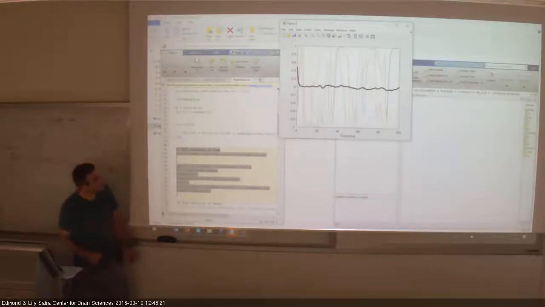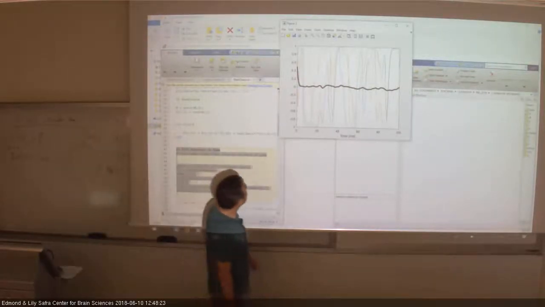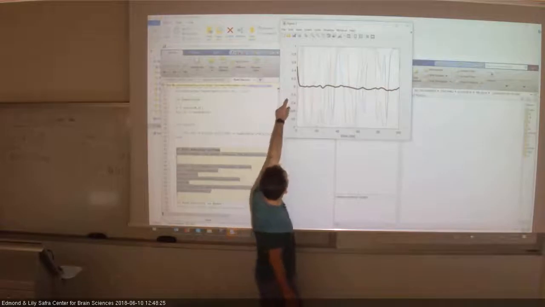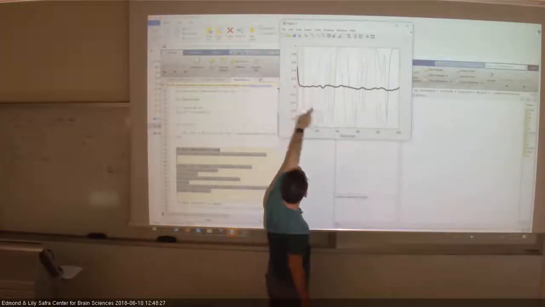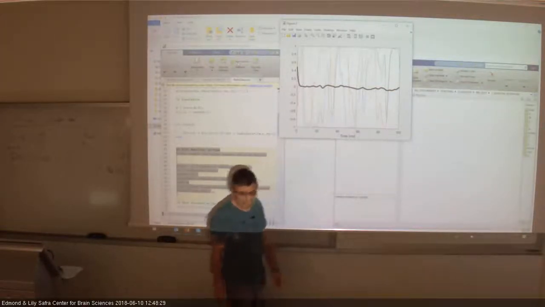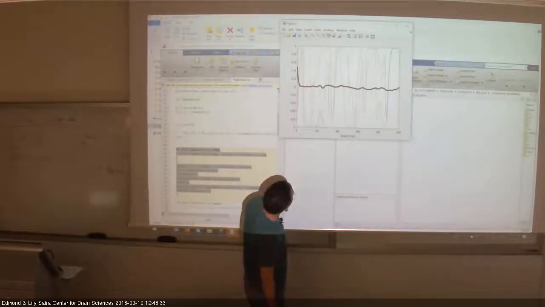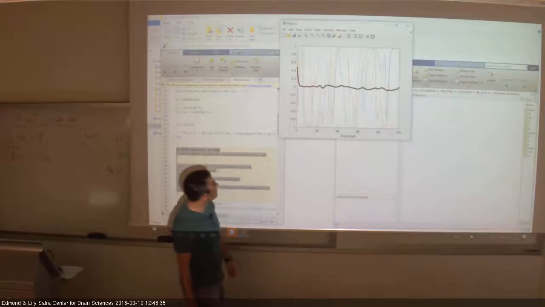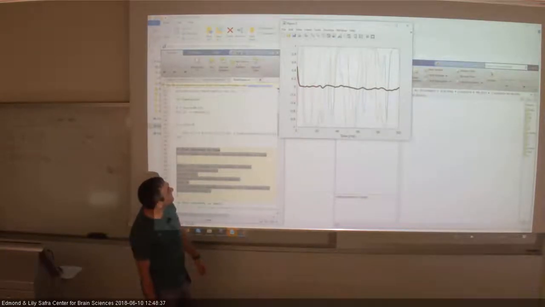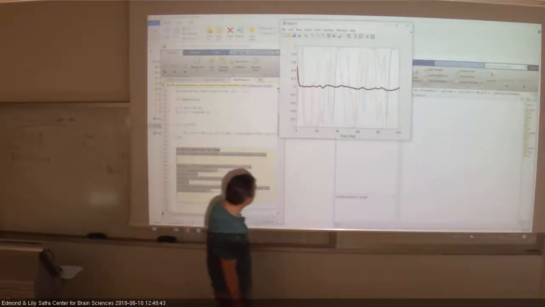What you see here in black is the average activity in the network, and these three colors denote the activities of three randomly selected neurons. And it's pretty messy. The reason that it's messy is that the dynamics are chaotic.